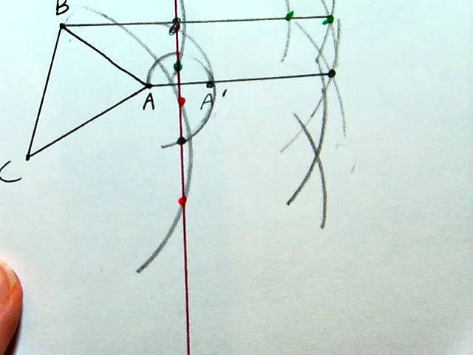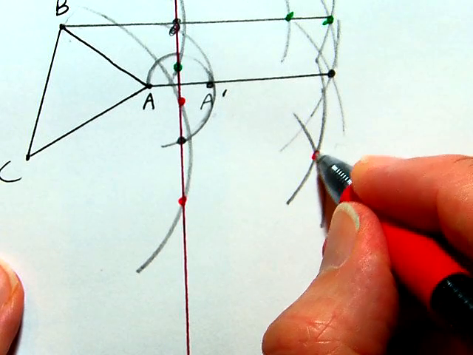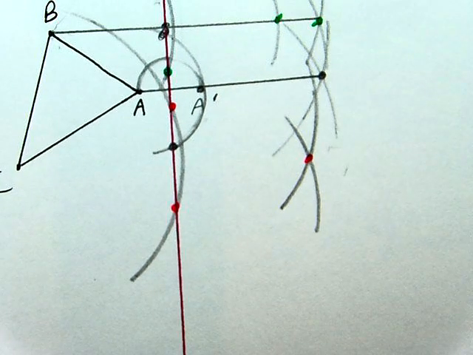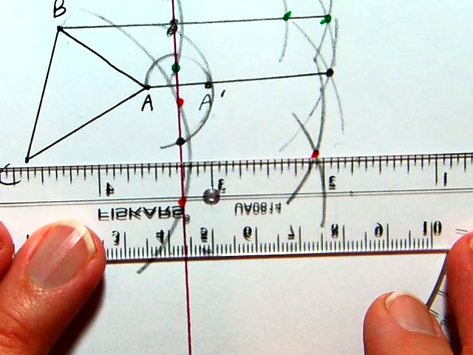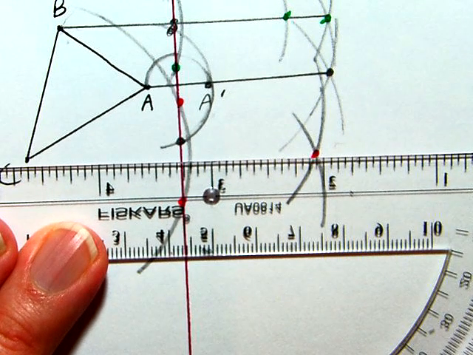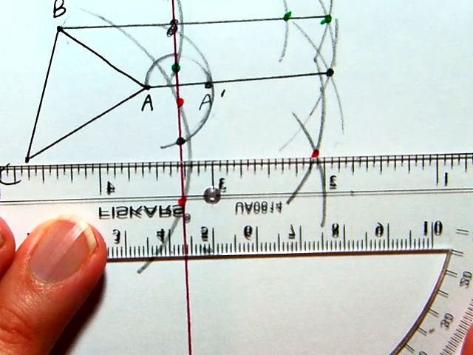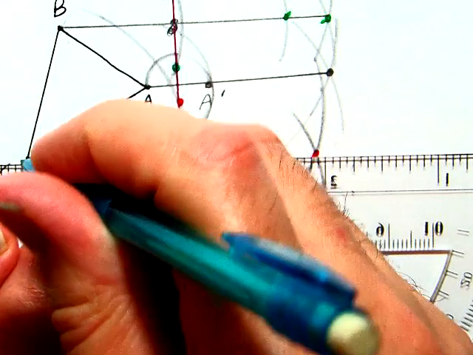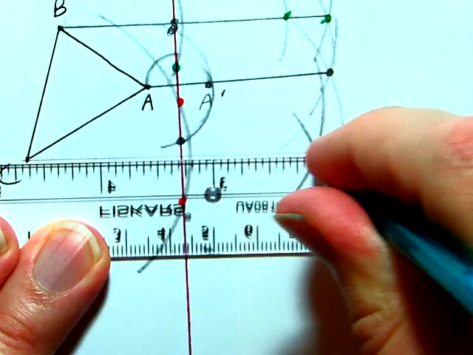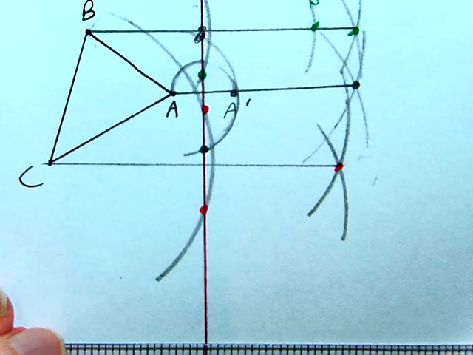Okay, and those two arcs intersect in this point. And now I need to connect C to this point to create a line. So that's another perpendicular line to the mirror line.